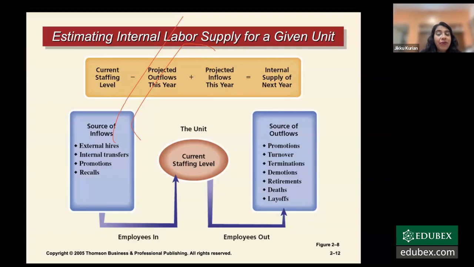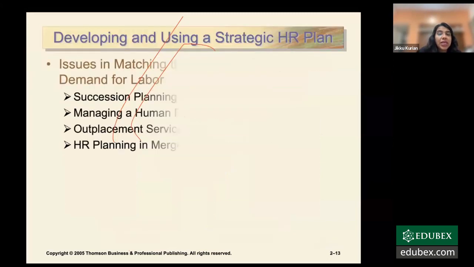Turnover, when people leave. Termination can also be called involuntary turnover, when the employee doesn't want to leave, but the organization doesn't need that employee anymore. Demotions, retirements, deaths, and layoffs. So these are the various sources because of which employees move out, and sources of inflows are the reasons because of which employees move into the organization.